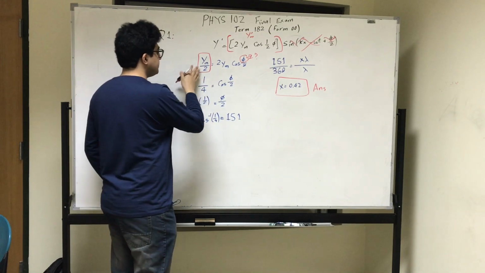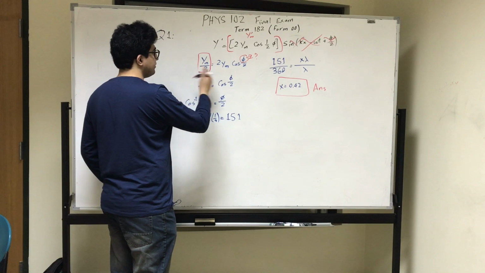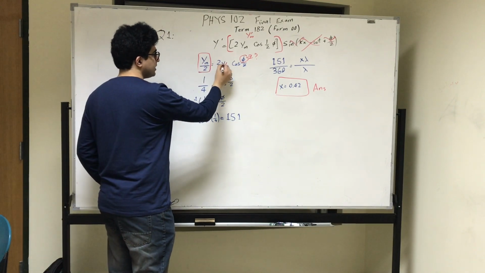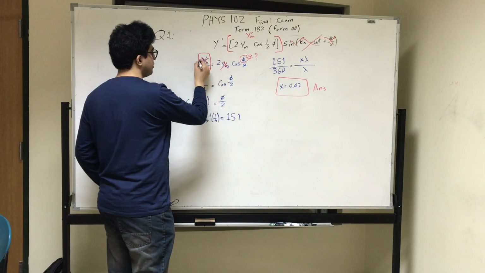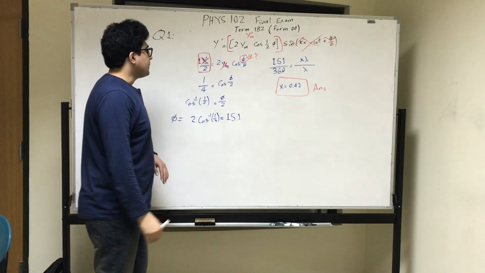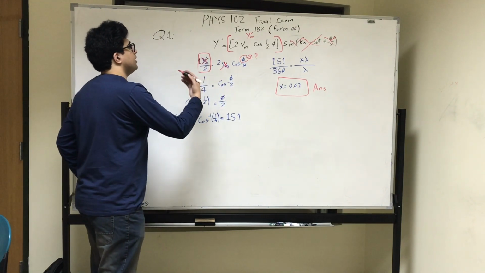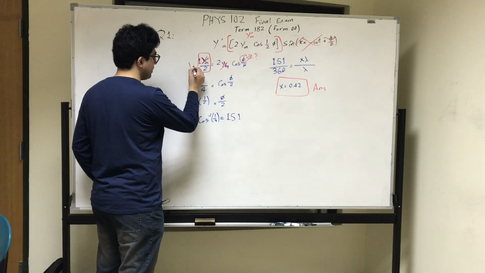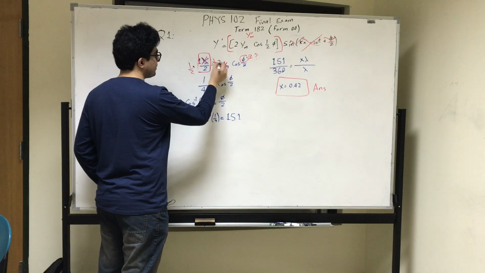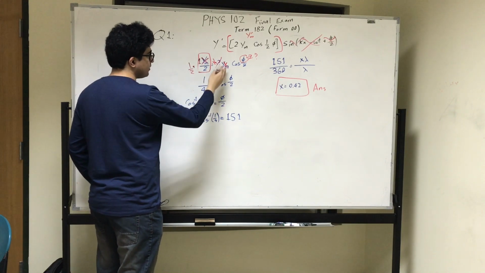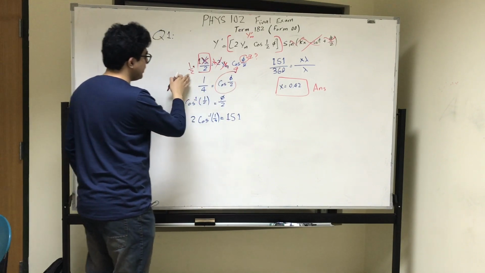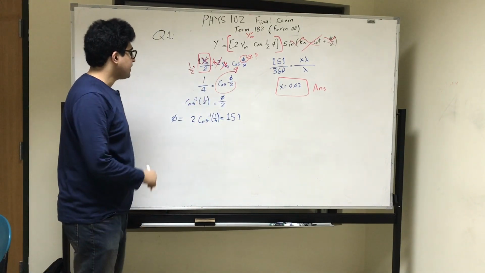The first step is to divide both sides by Ym, so these cancel out. After that, multiply both sides by 1/2. This cancels, and 1/2 times 1/2 gives 1/4.